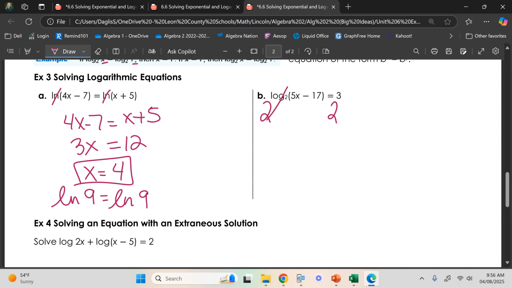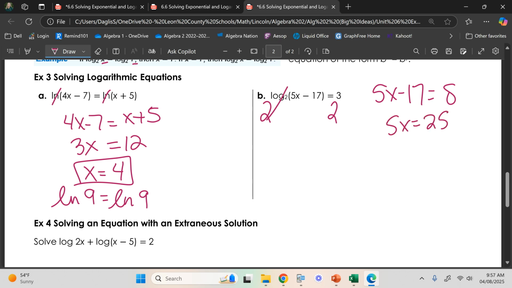Okay, those cancel. We get 5x minus 17 equals, don't say 6. What is that? That is 8. Good. That is 2 raised to the power of 3. Good. All right, now what? Add 17.